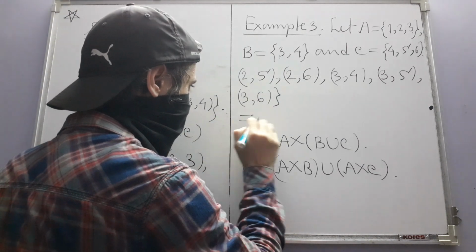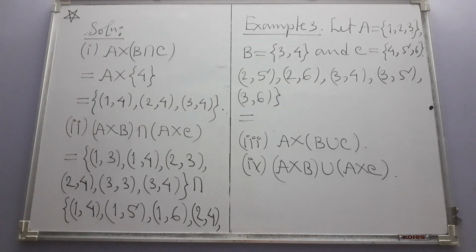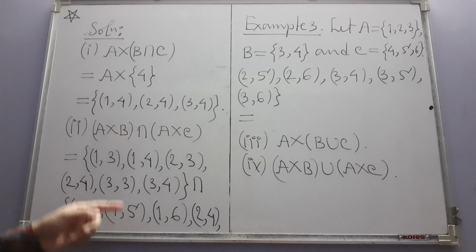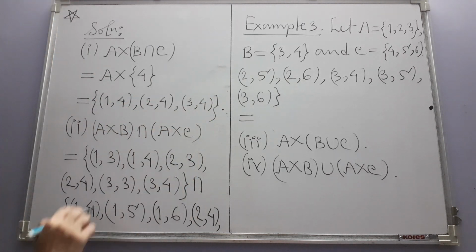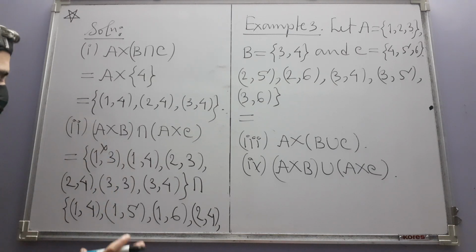Now I have to find the common elements. Do we have 1 3 here? No, we won't have 1 3 here, because in C there is no 3. Okay, so this is ruled out. Of course, in your actual calculation you do not use such symbols.